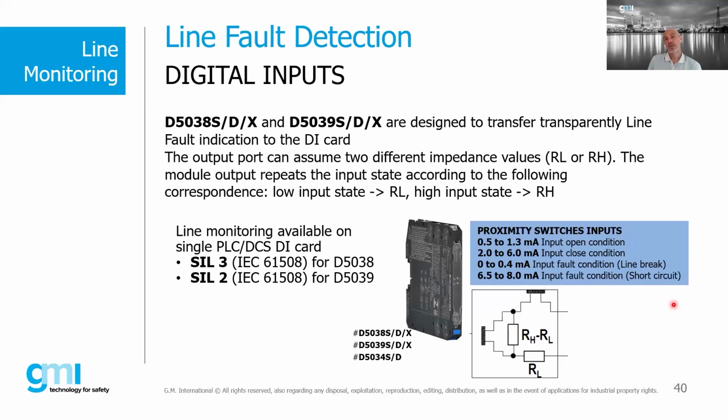Otherwise, if you use a normal interface, you just detect open contact or closed contact. I won't go into details because it is not the purpose of the webinar today, but this resistance level gives you the exact information about the fault of the input circuit. It can be a short or open circuit.